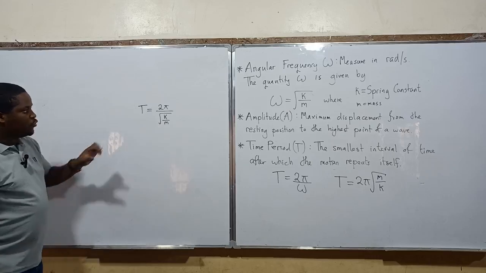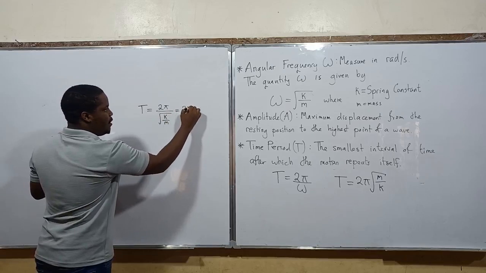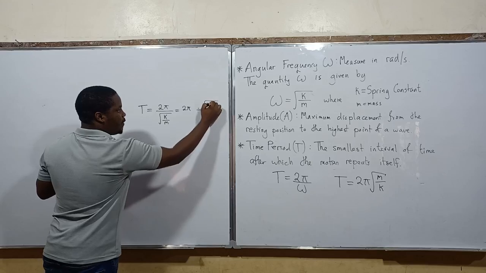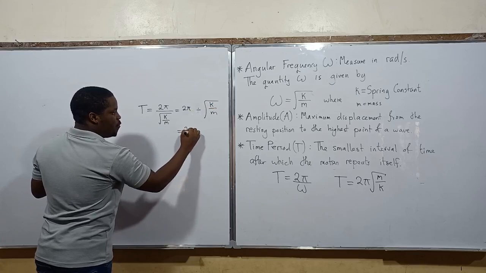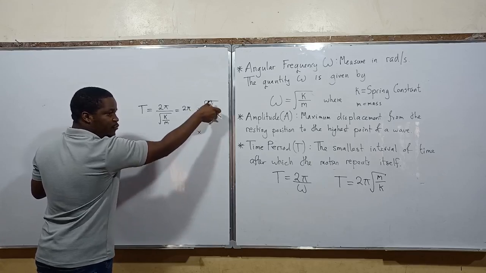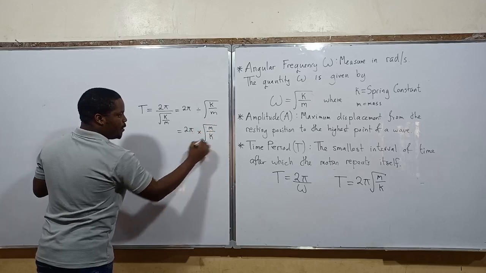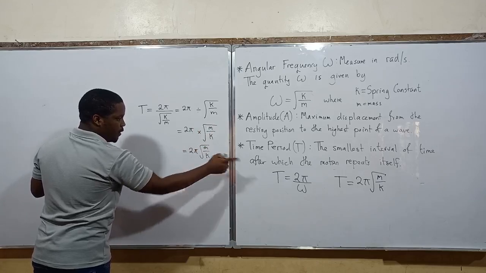Since these two are dividing, we have 2 pi divided by the root of k over m. When we're dividing, we multiply and reciprocate, giving m over k. That's the reason why period is 2 pi times the root of m over k.